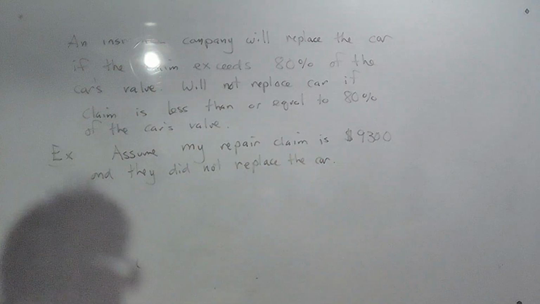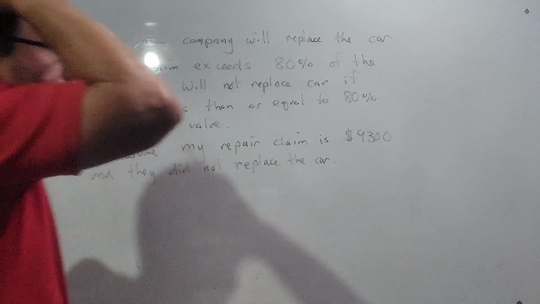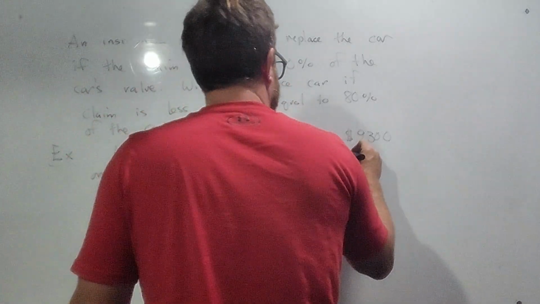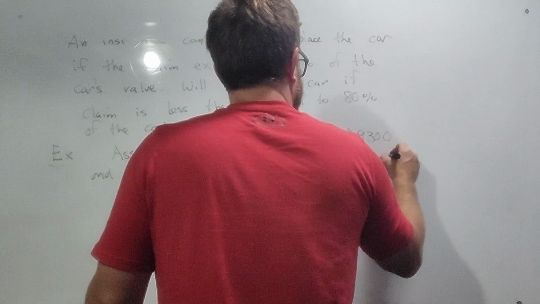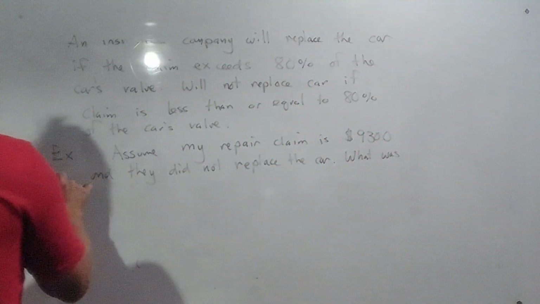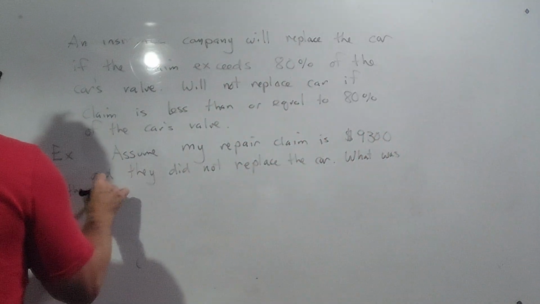Really, what can we say about the price of the car? What can I claim about the original price of the car? So, what was the value of the car?